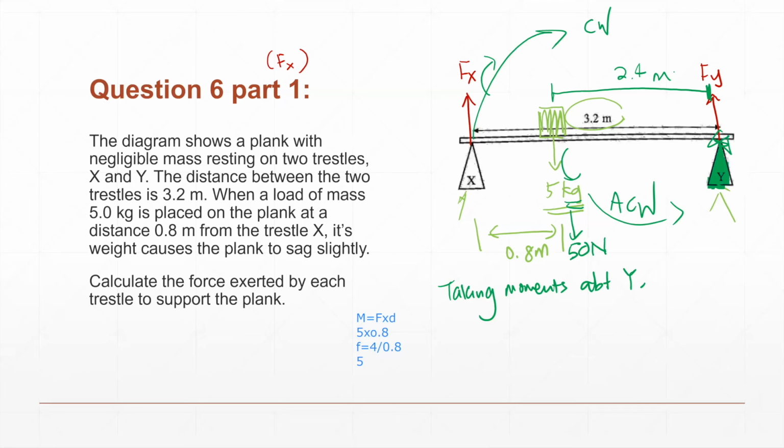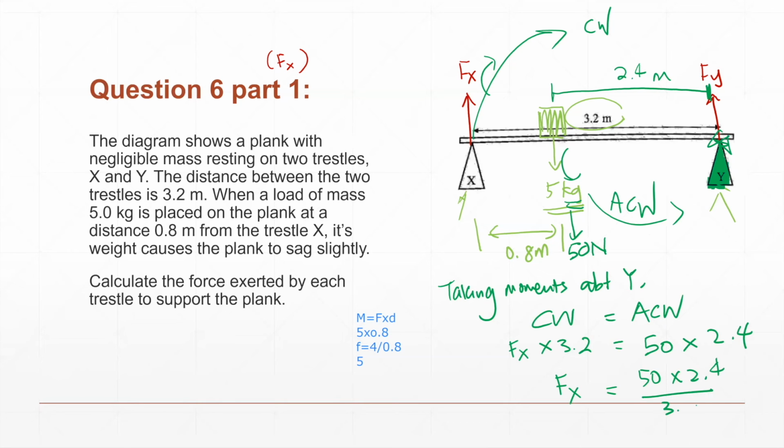So taking moments about Y, clockwise moment equals anti-clockwise moment. So clockwise moment is Fx times 3.2 meters equals anti-clockwise moment 50 times 2.4. So Fx is equal to 50 times 2.4 over 3.2.